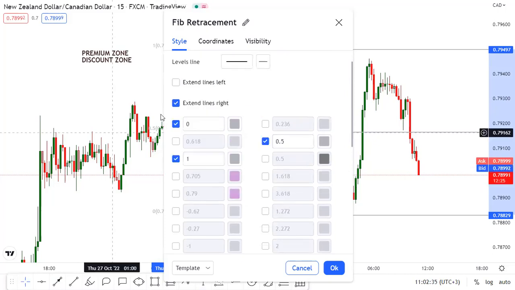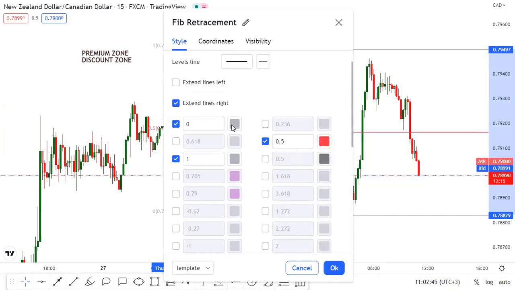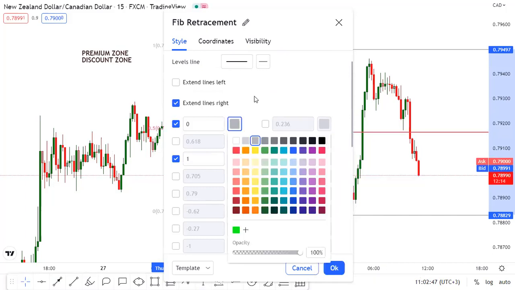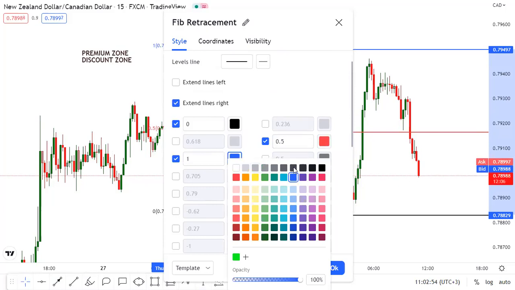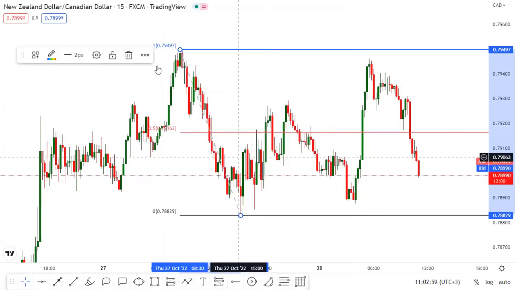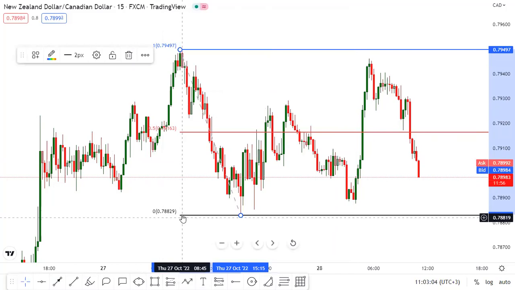You can also choose certain colors so that you know where to divide them. For example, point 0.5 has used a red color here. Here it has used black, and here it has used blue. Then you click OK. You see this blue color, this red color, and this black line here.